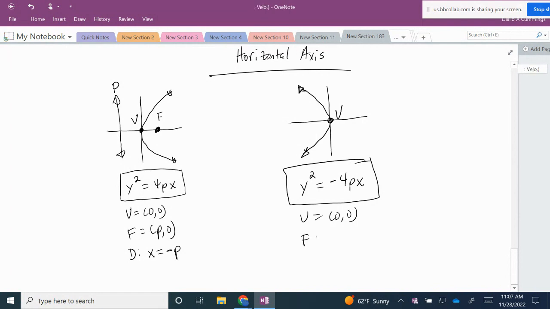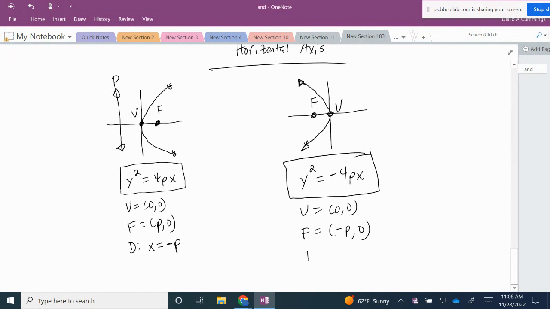The focus point is negative p, 0. And the equation for the directrix is x is equal to positive p.